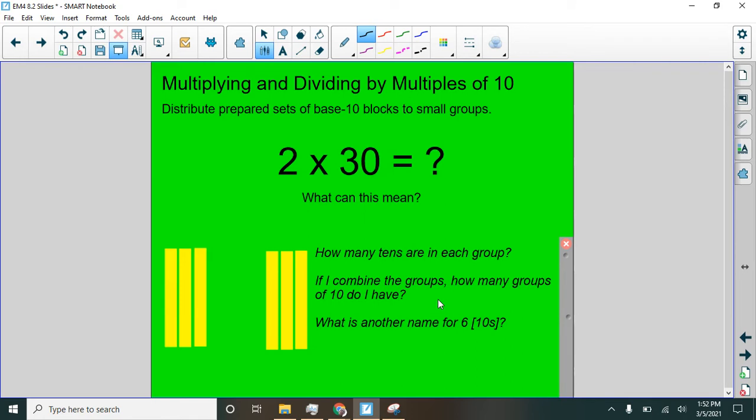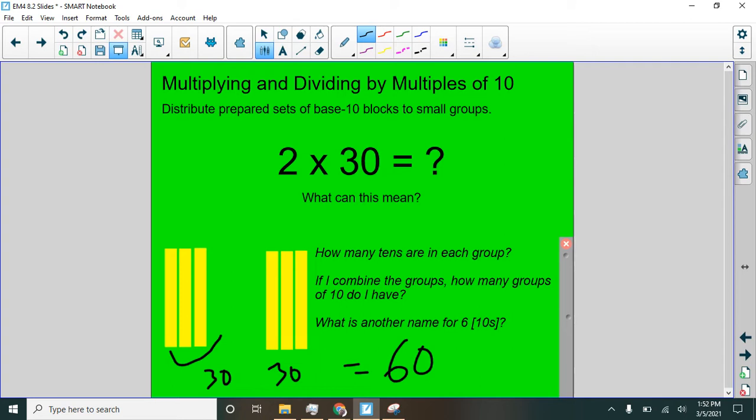If I combine the groups, how many 10s do I have if I put them together? 6. And what's another name for 6 10s? 60. Hey, 2 times 30 is 60 because this is 30 and this is 30. Two of those 30s equal 60.